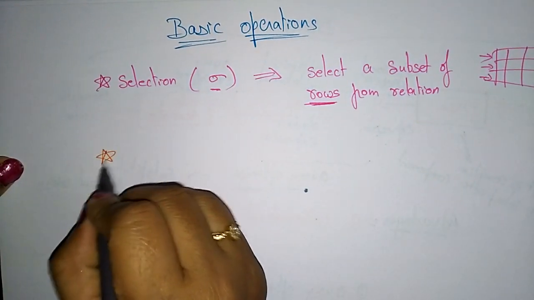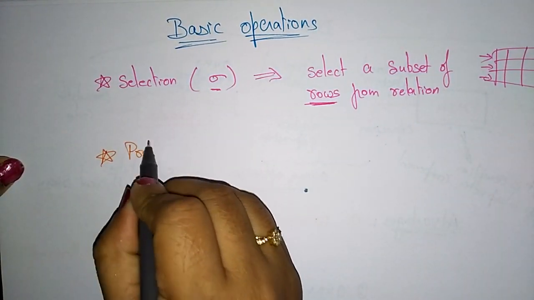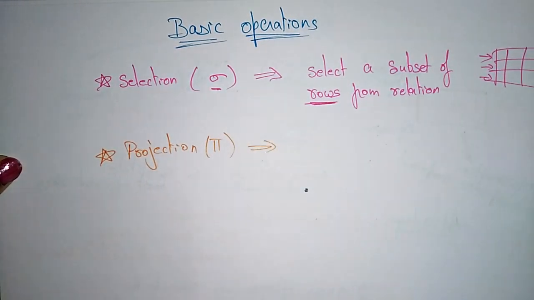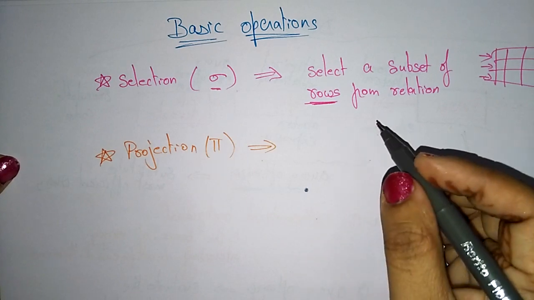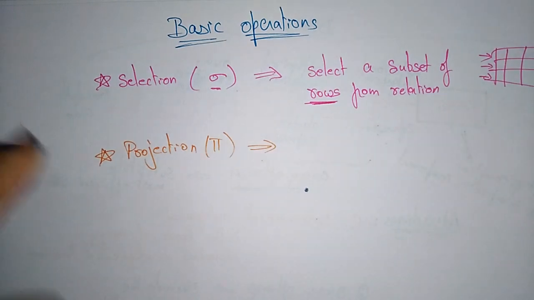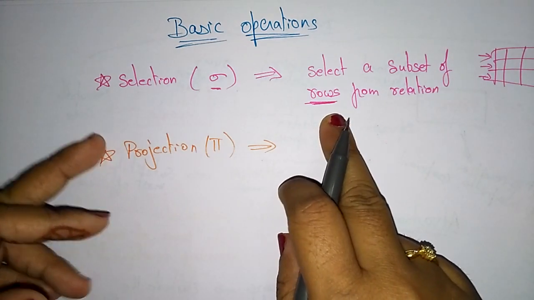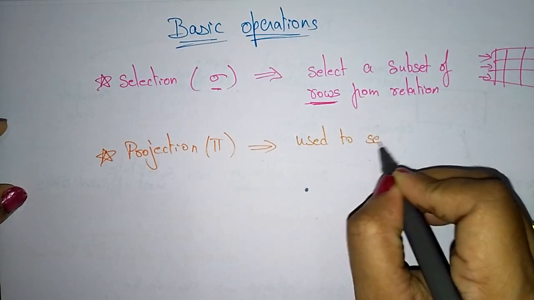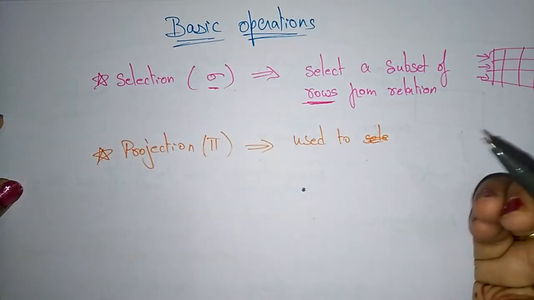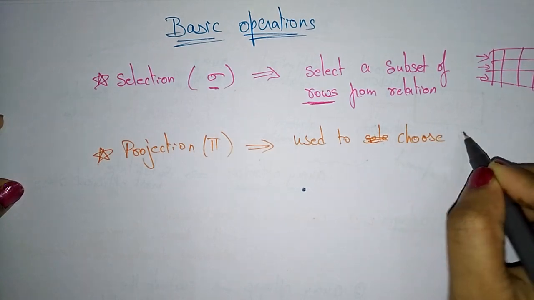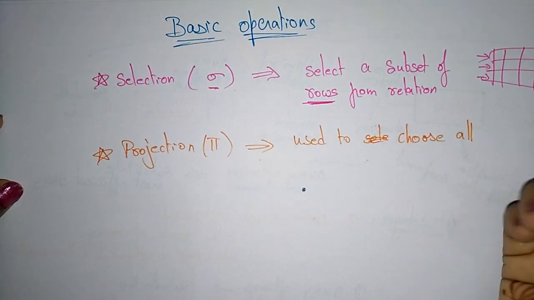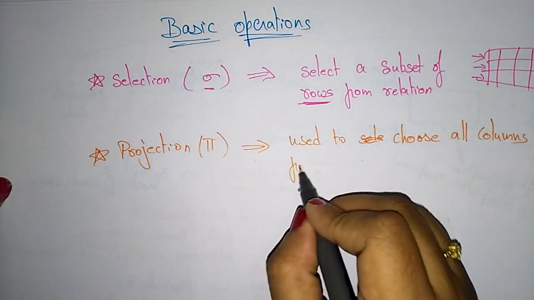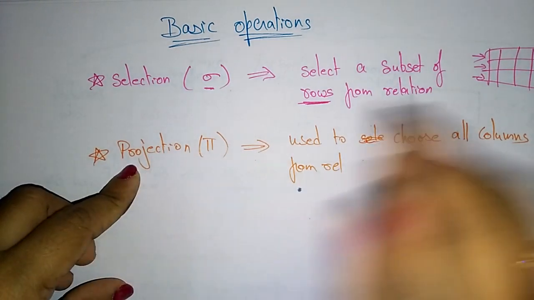Next, coming to the next operator, that is projection. For projection, the symbol is pi. Whereas selection is used to select rows, this projection operator is used to choose columns from the relation.